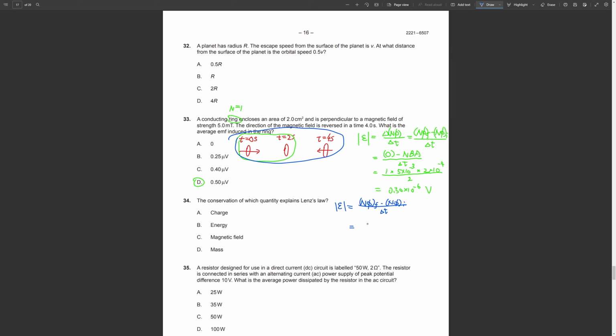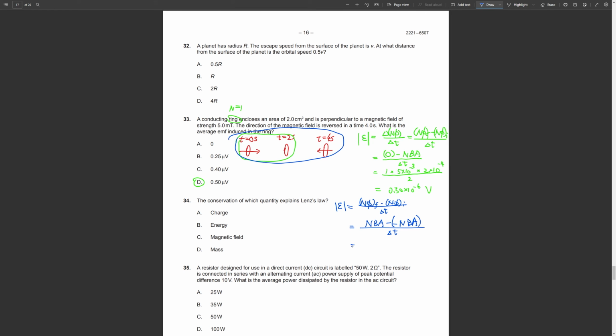Therefore, we can do NBA minus NBA divided by time taken. None of it is 0 in its magnetic flux linkage. But there is a but. The positions at 0 seconds and 4 seconds are exactly reversed, which means one of the NBA should be negative. Let's take the later one to be negative.